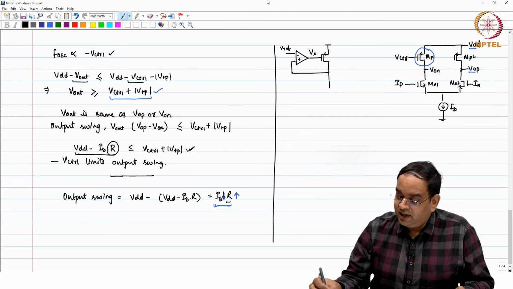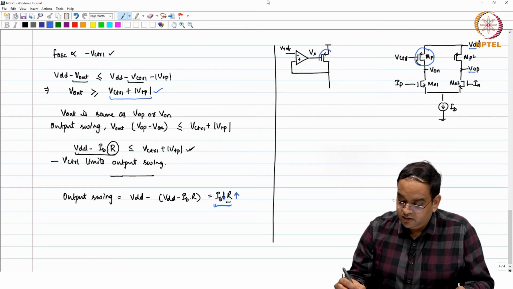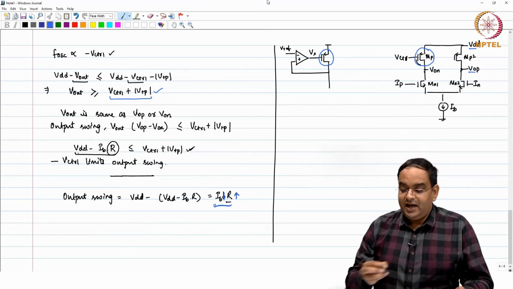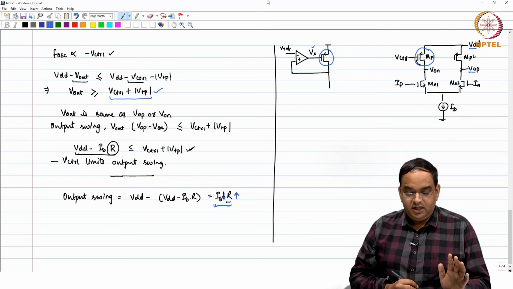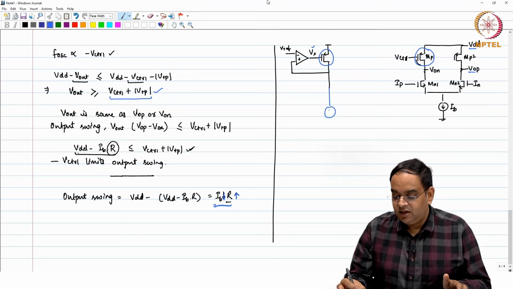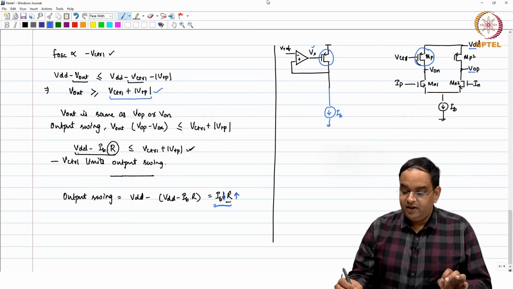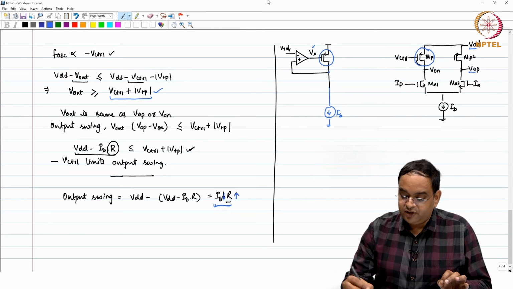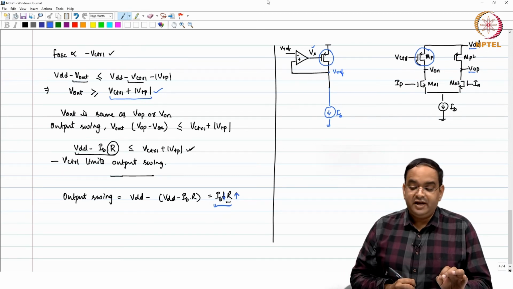Think about it: you took a copy of this PMOS transistor and generated the gate voltage such that, as an example, if I have IB current here, then because this PMOS is in feedback, this voltage will always be equal to Vref.